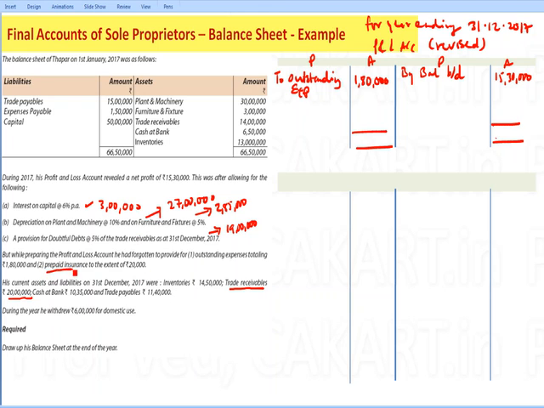Second thing is a prepaid insurance to the extent of 20,000. Okay, so we have to assume here that all expenses have been taken care of. But by mistake this 20,000 rupees has been taken as expense. It is not an expense, it is a prepaid expense. If something is prepaid, will we take that into the profit and loss account?